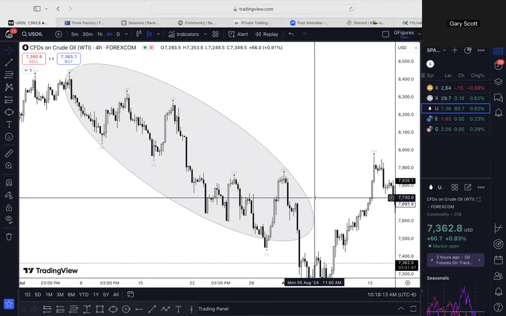We're in a downtrend. So what should we be looking to do? Should we be looking to buy or should we be looking to sell? If you say buy, you're absolutely wrong. But if you say sell or short or whatever terminology you would like to use, that's exactly what we're doing. We're not doing anything other than selling because the structure of the market is telling us to do so.